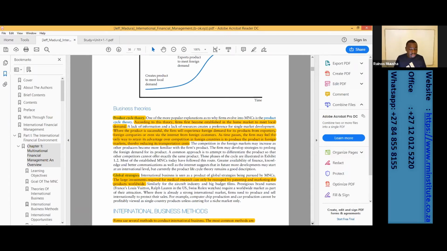That's why you see that when it comes to global strategies, for example, if you look at the issue of the vaccinations, there's always going to be a friction between the first world countries and the third world countries, mainly because the developing countries don't have that many resources to be able to produce the vaccines.